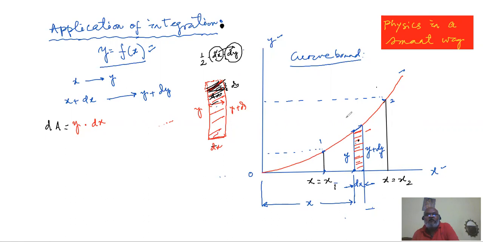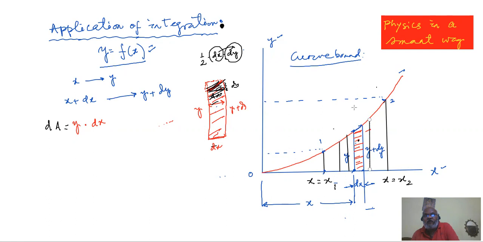Similarly, we try to slice off similar areas here, here, here. All these areas have extremely small width.